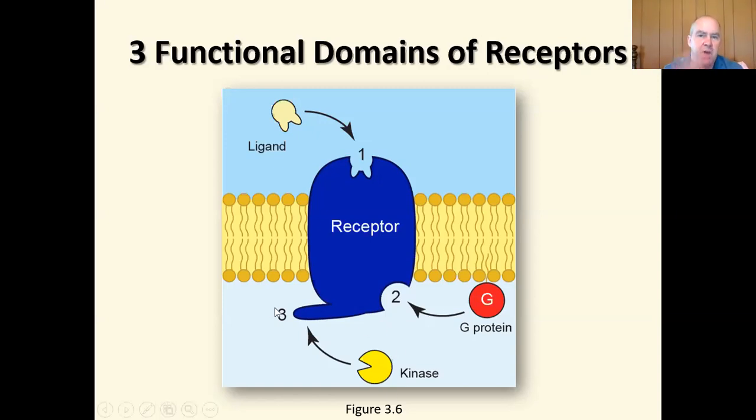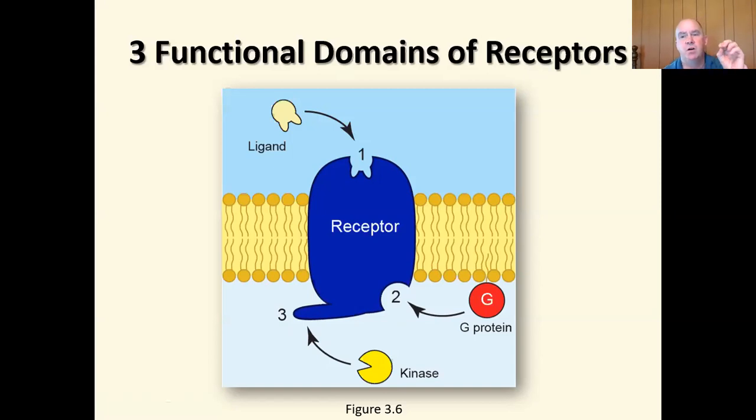The third main domain of the receptor is for regulation of the receptor. An interesting quote I read somewhere, I can't even remember where, it was so long ago, is that somebody said our cells don't respond to the neurotransmitter, they respond to changes in conformation or changes in concentration of the neurotransmitter.